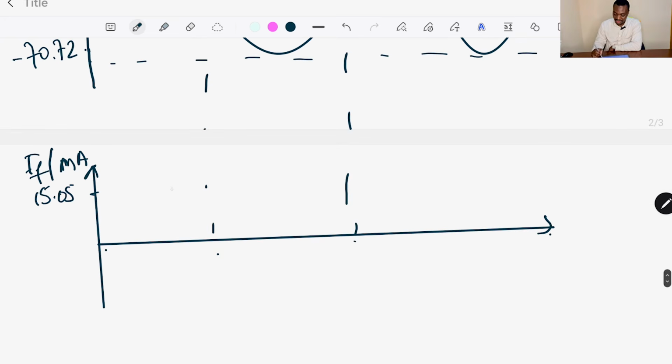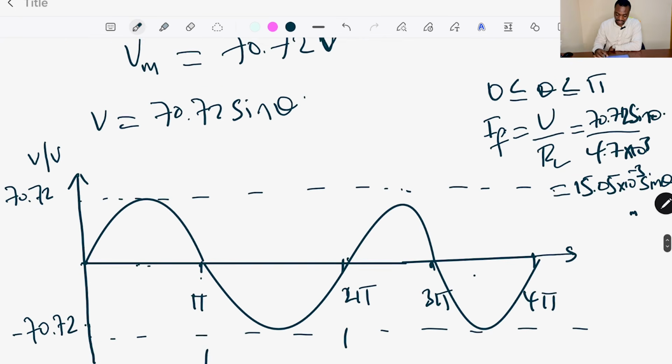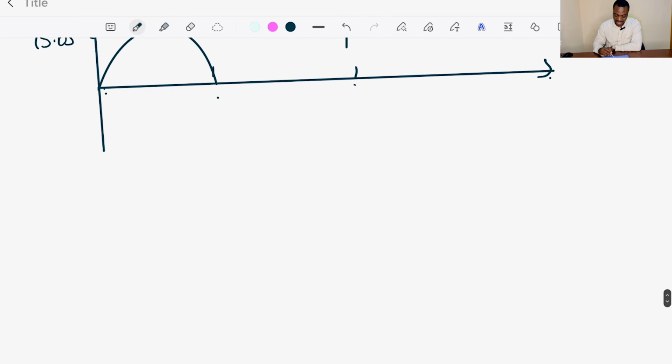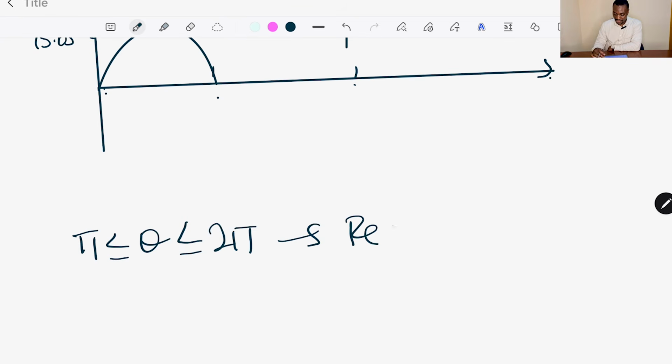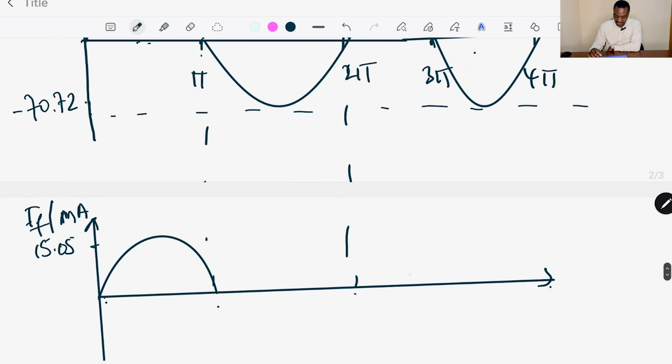As you can see, for the first alternation we have current passing through. The next alternation is pi less than or equal to theta less than or equal to 2 pi. Here we have reverse biasing, and when there's reverse biasing, the current is 0, meaning the reverse current is 0.